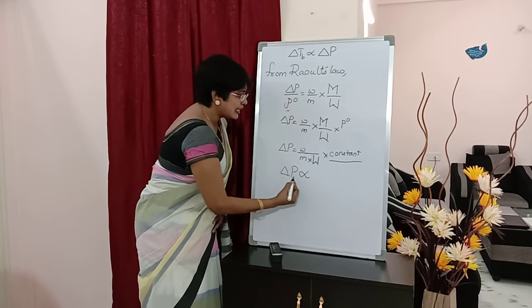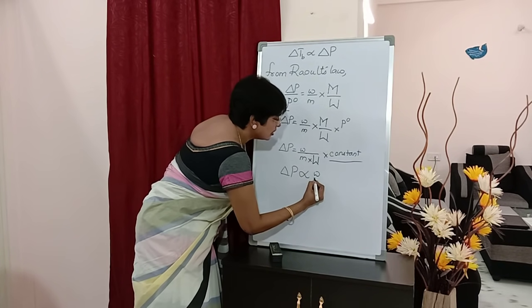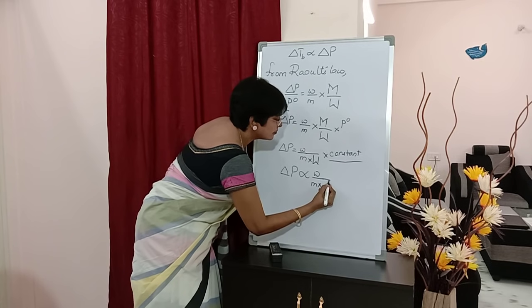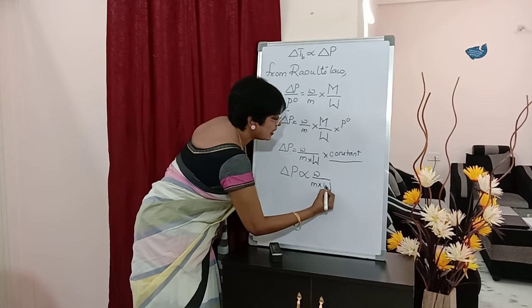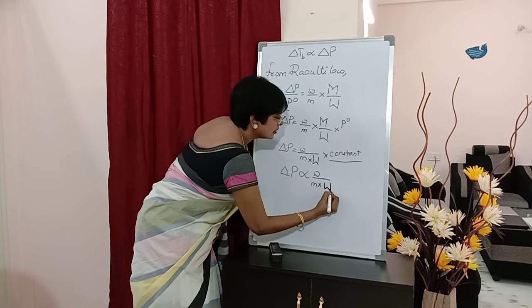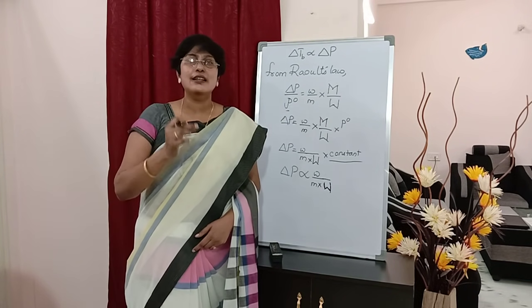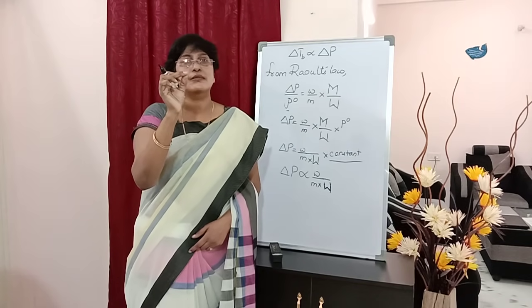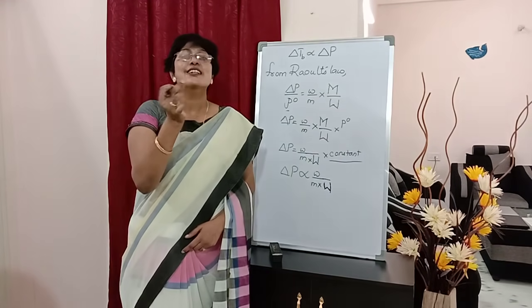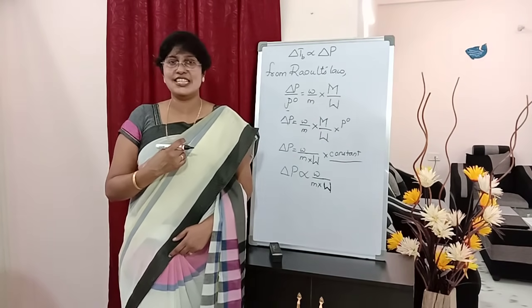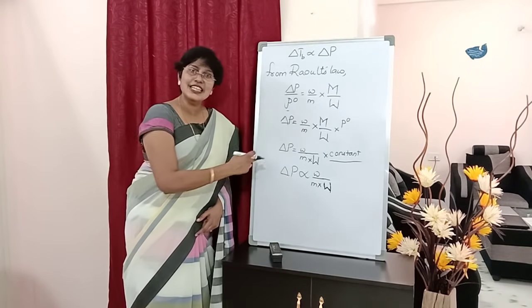So delta P proportional to small w by small m into capital W. Write carefully, students. Small m, capital M. Try to differentiate. Small w, capital W. Try to differentiate.